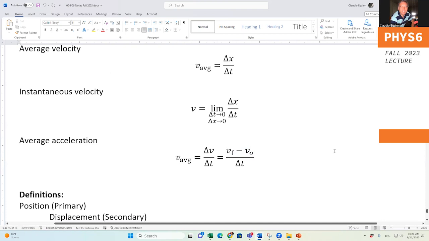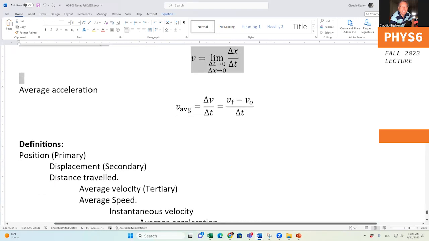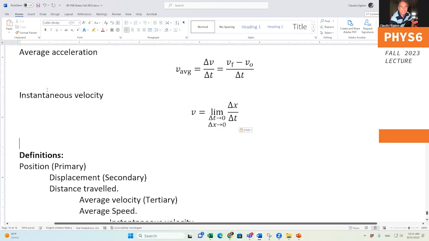That's how we define acceleration. And if you want to define instantaneous acceleration, it's just like we did for the velocity. This parameter, acceleration, is a very important one, by the way. That's why we define it. It's a very important one.